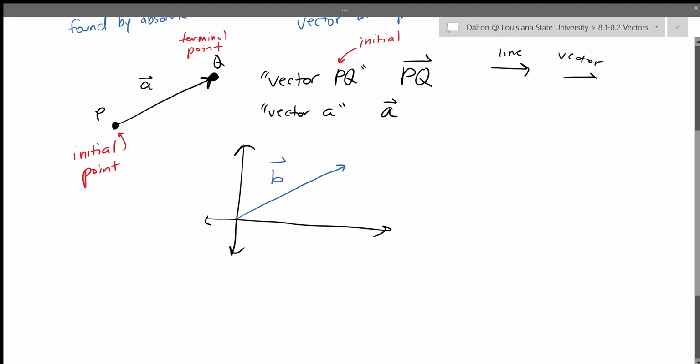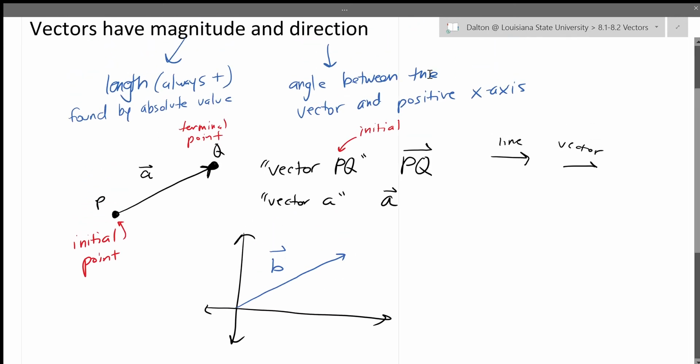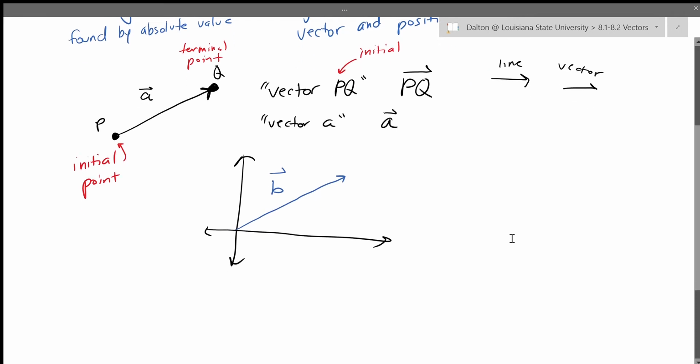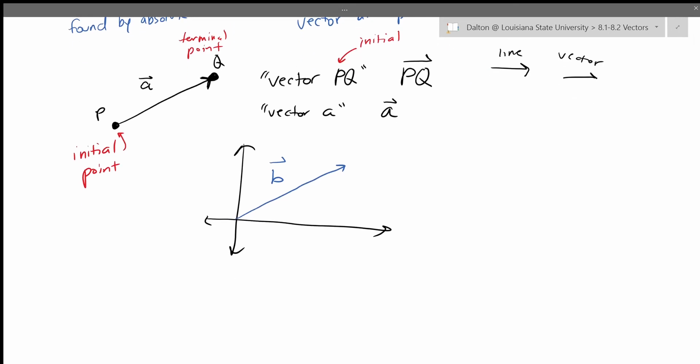So vector B, even though it's pointing what we would consider as northeast if this were a typical compass, its direction, by definition, is the angle between the vector and the positive x-axis. So I drew this to where it's about a 45-degree angle. So then we would say that the direction of vector B, I think I said angle B, I'm sorry, I meant vector B, the direction of vector B is 45 degrees.